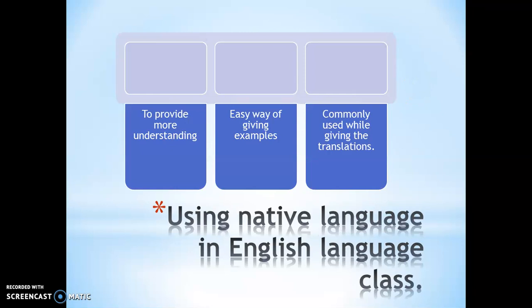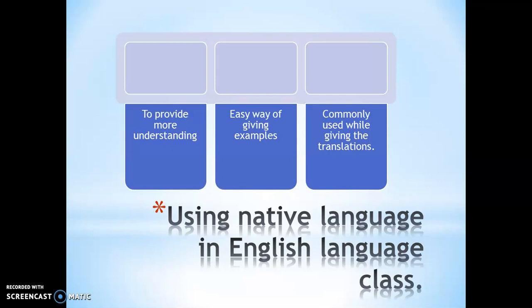Okay, using native language in English language class. Actually, this is the last topic we covered in our course. First, English is a second language for you as learners. We learn it as a second language in order to be fluent according to our job or profession.